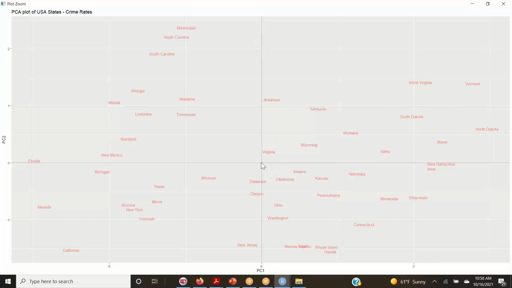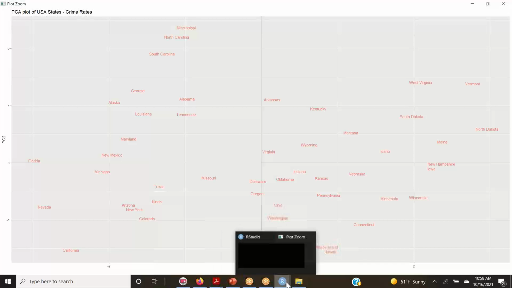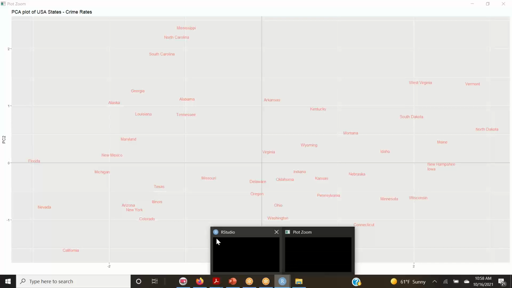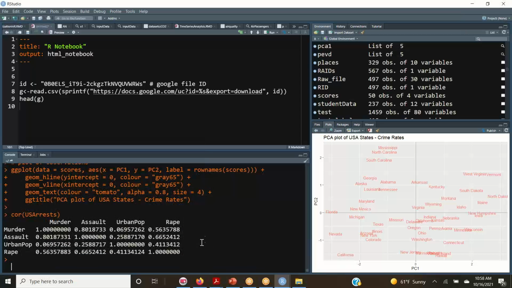And PC2 is high here: North Dakota, Vermont, and Virginia, and they're all going together. The region basically specifies the type of crimes. So let me go back to the data and talk to you from the data point of view.